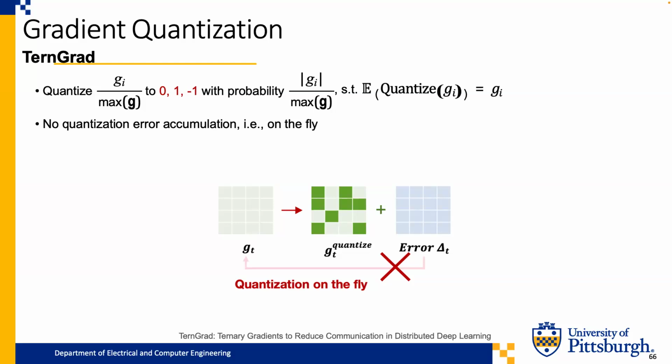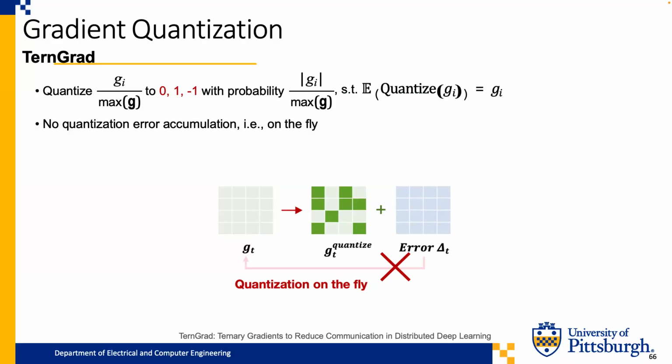Okay, so what that means is that for this number, I use the probability, say 1 out of 9 times. If I see the number 1, 1 out of 9 times it is going to be quantized to 9, but 8 out of 9 times it is quantized to 0.